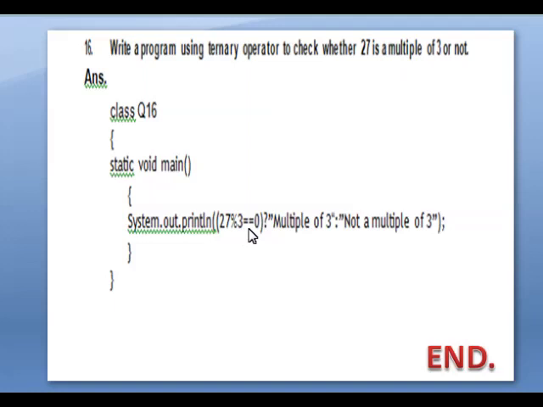So if the answer is true means if the coefficient is 0 आ गया तो it is the multiple of 3. अगर coefficient 0 नहीं आ रहा है तो if the condition is false means it is not a multiple of 3. okay, then close all the brackets.